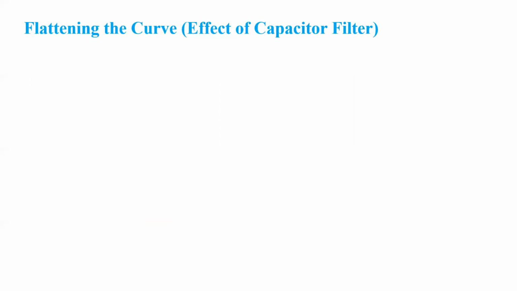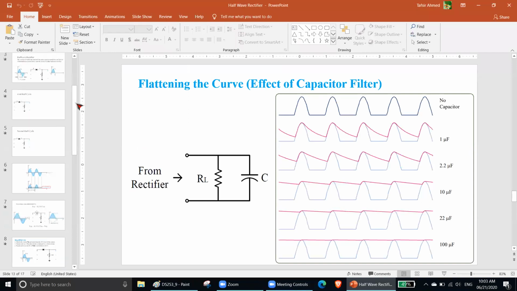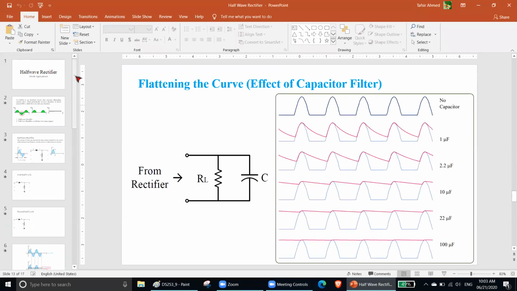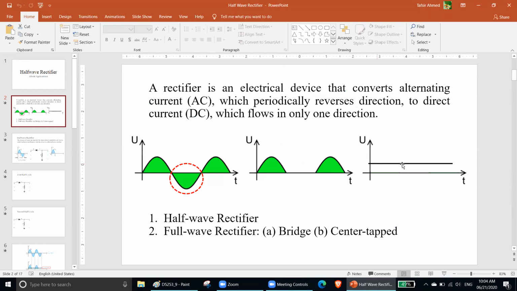Now, remember at the first slide I told you we will flatten the curve. We will make the curve flatter. Okay, let's go back and see. Remember I told you?